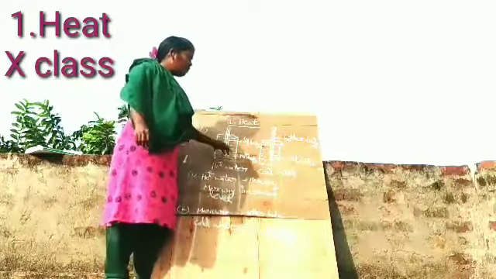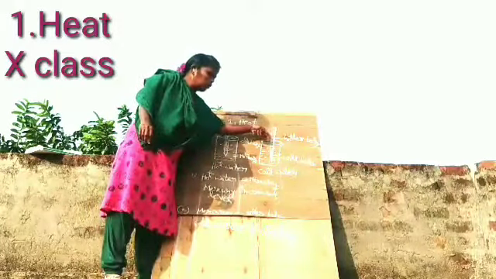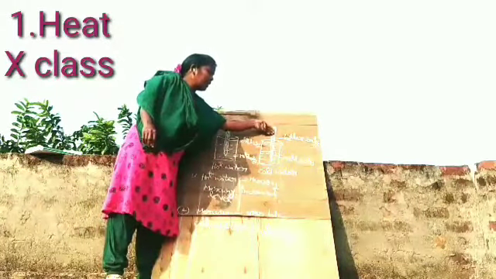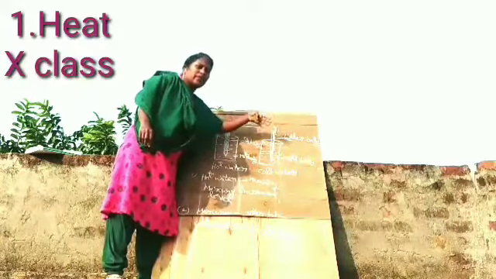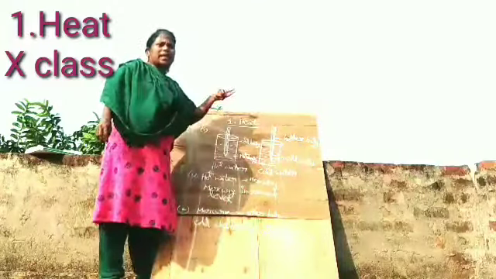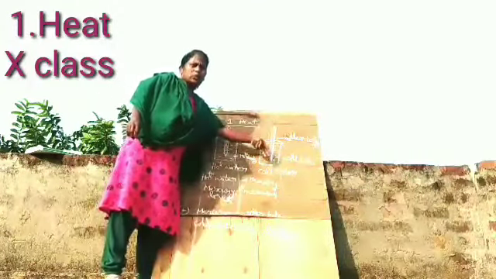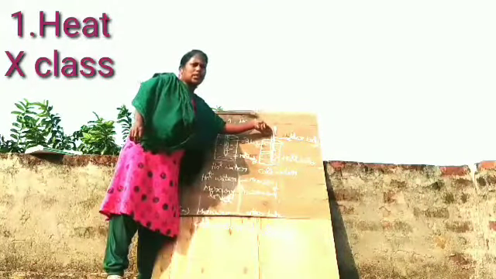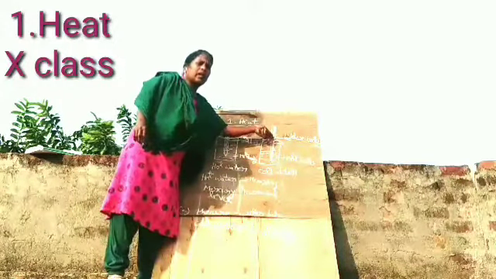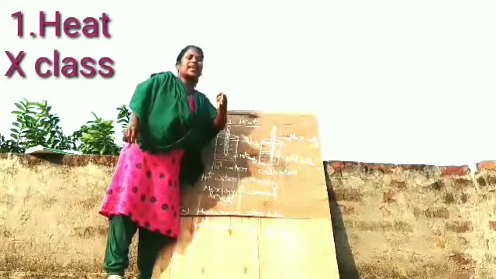When heat flows from mercury to cold water, what happens here? Automatically the mercury loses its heat energy. It transfers to the cold water. That's why the reading of the mercury decreases.